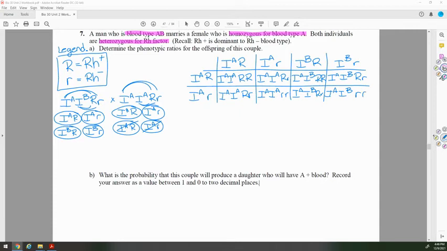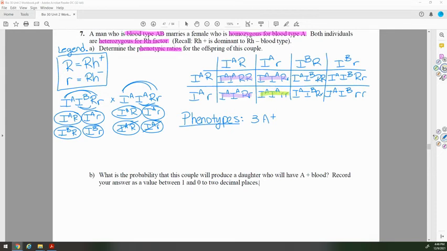Because we are asked to find the phenotypic ratios for the offspring, we're going to look at all of the ones that code for the same phenotype. So I'm going to start with A positive blood. So we have three of those, 3 A positive.